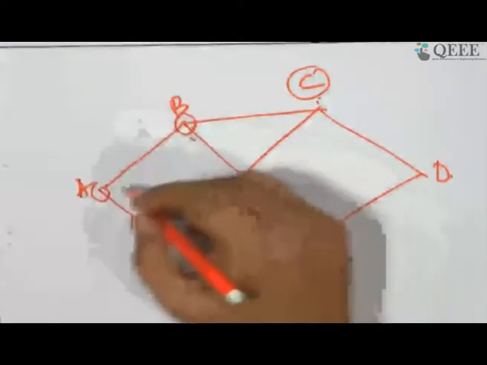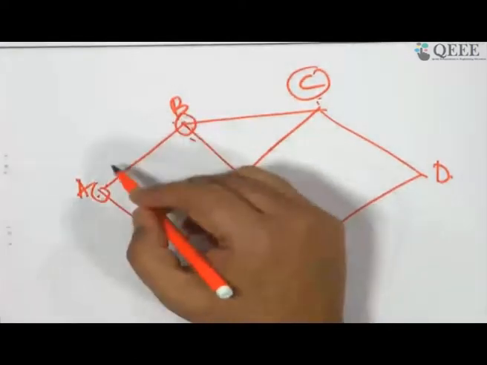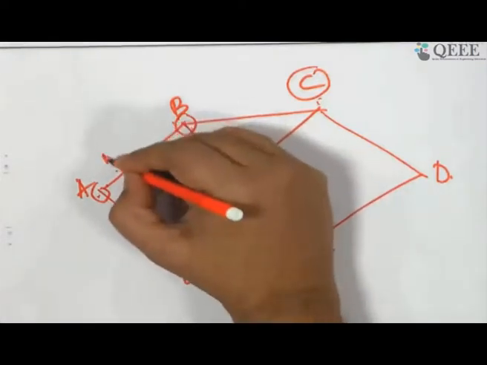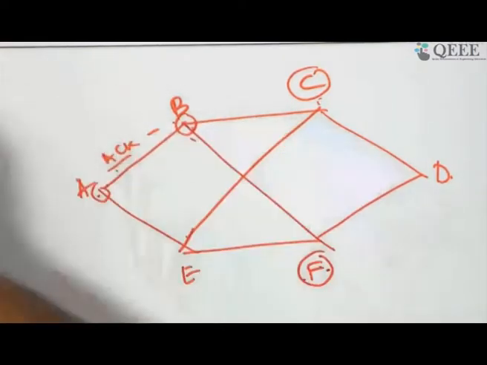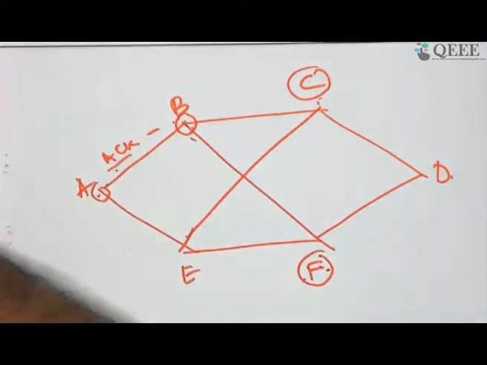It has got the packet from A, so to A it should send back an acknowledgement. So this is the send flag and this is the acknowledgement flag.